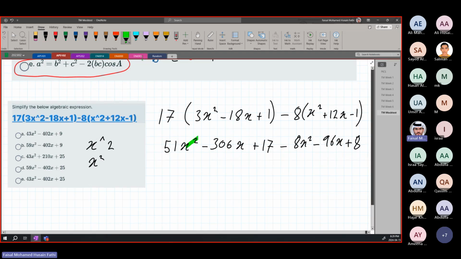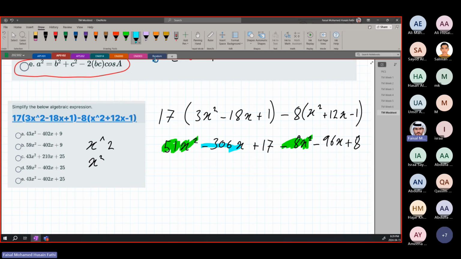Now, again, we're going to look at the like terms. So x squared, we're going to take these and combine them together. The minus 306x with the minus 96x, we're combining together, and 17 plus 8, we're combining together.